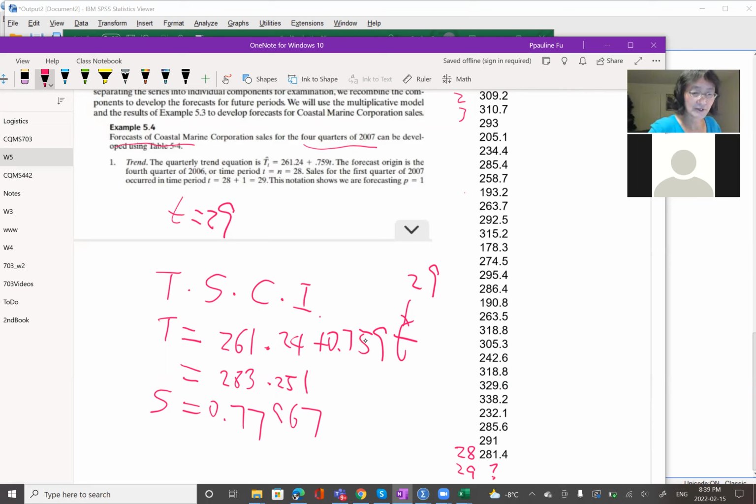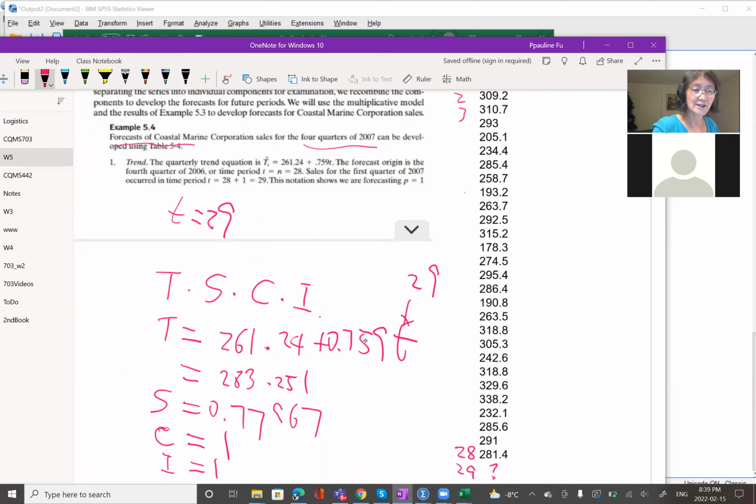And then you get C. Cyclical C is a cyclical effect. Sometimes to simplify the forecast, we just assume it is 1. Same as the irregularity, I is also 1. We just assume this to simplify the forecast process.